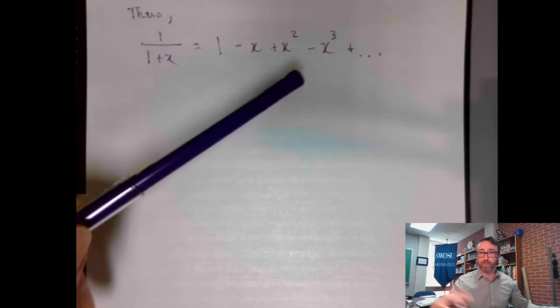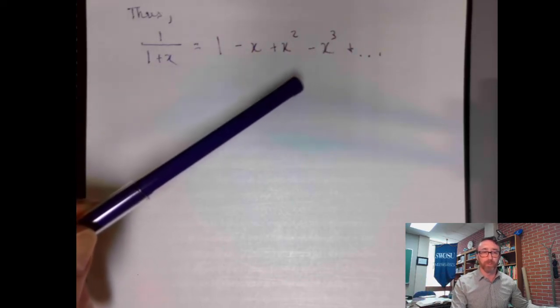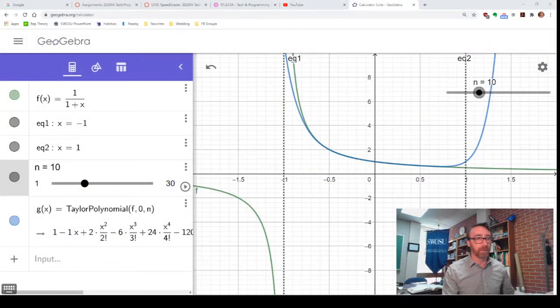The coefficients were all either plus or minus 1, and it was alternating. Let's look back here. We can see, okay, we got a 1 minus x. It doesn't say plus x squared. It says plus 2x squared over 2 factorial. Of course, we know those cancel out. Same thing right here. 3 factorial, that's 6. It cancels out. Same thing right here. Okay, so it really is there.